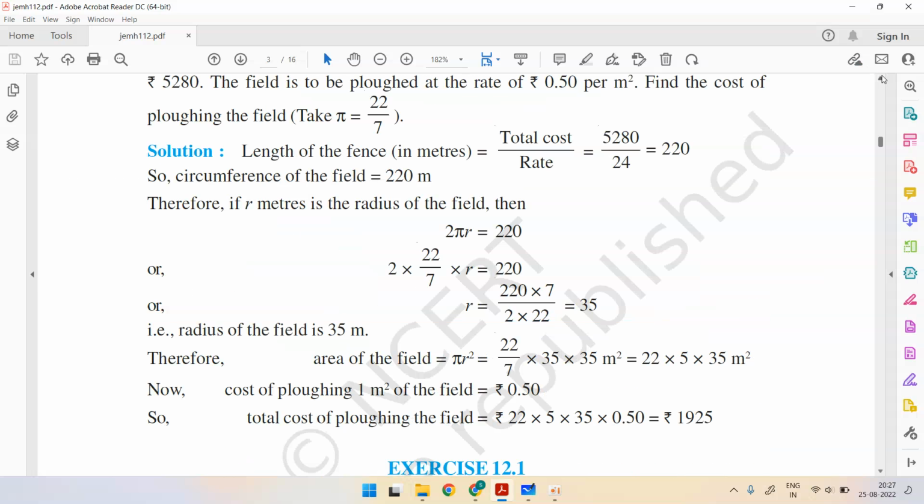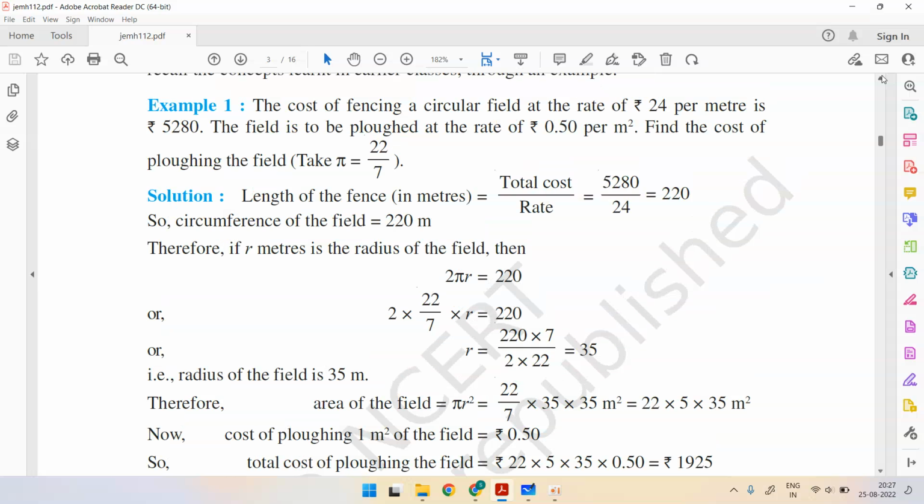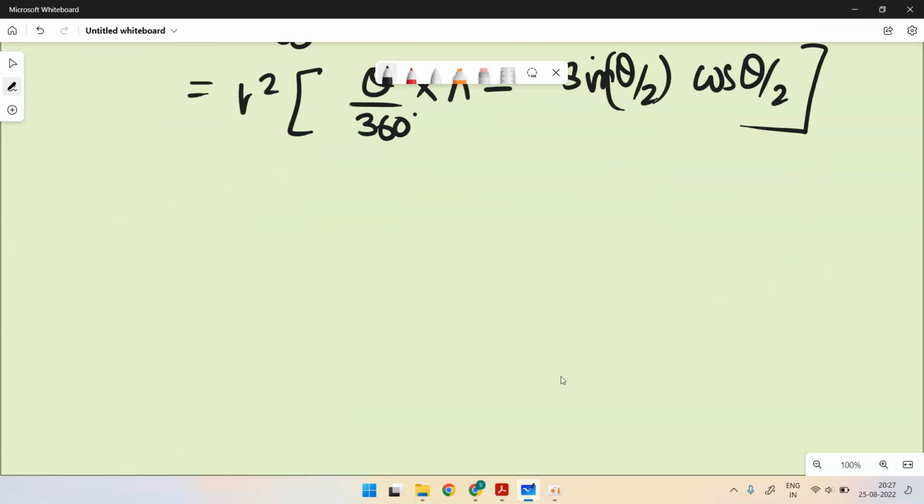See, the first question. The cost of fencing a circular field at a rate of 24 per meter is 5280. Find the cost of ploughing the field at the given rate. Ploughing is related to area and fencing is related to circumference.